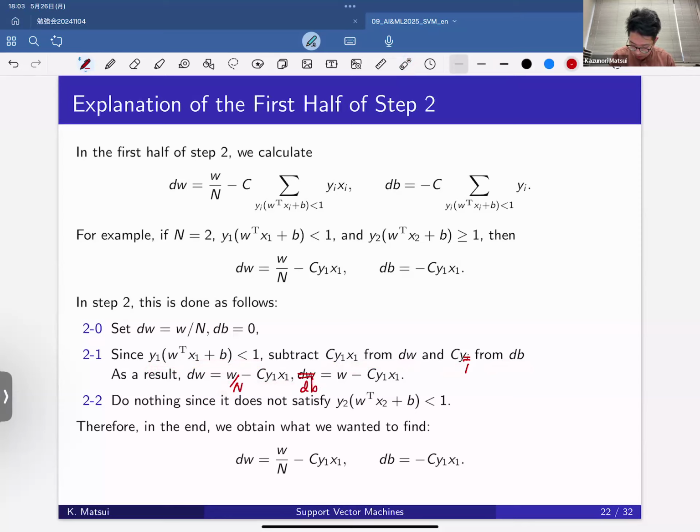This part, db, becomes minus c y1. For the second data point, since y2 times (w x2 plus b) is not less than 1, we do nothing. As a result, dw becomes like this and db becomes like this, giving the same result as before.